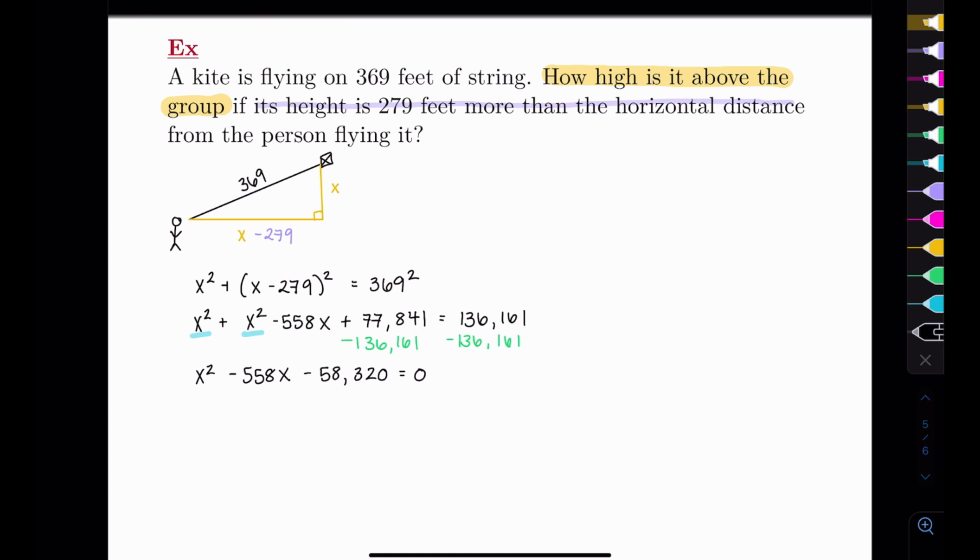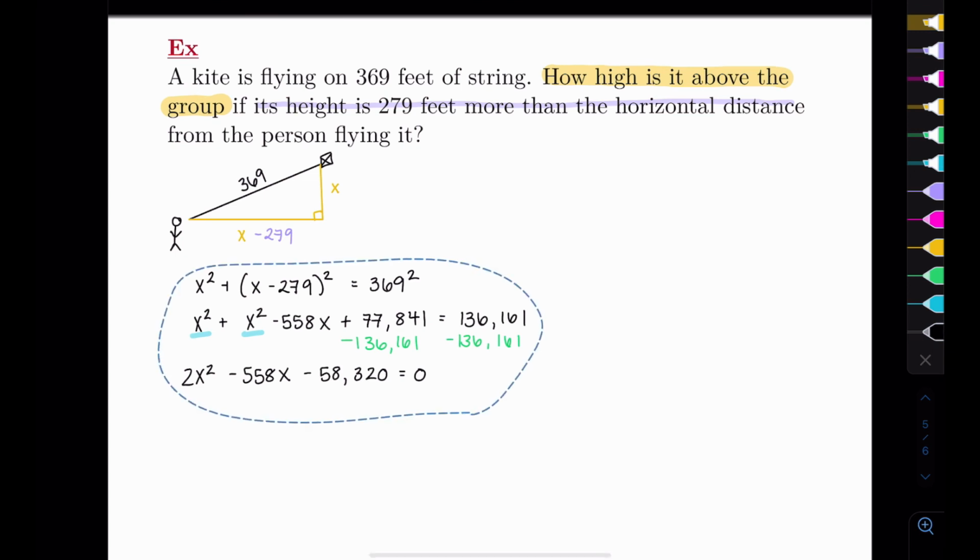Okay. So you can make your life a little bit easier. You could divide by 2 if you wanted to not have to deal with such big numbers, because I forgot to put the 2 there in front of the x. You could also try to factor this, but with such a large number here, I would just totally avoid trying to factor it at all. So let's go ahead and use our quadratic formula.